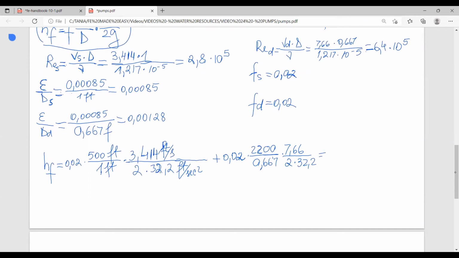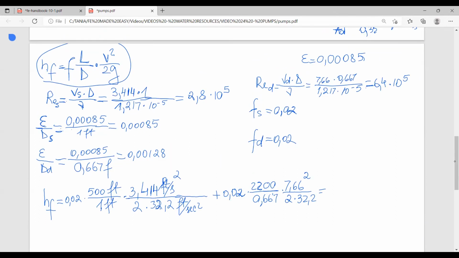Let's go ahead and calculate that. 7.66 squared, 2,200 multiplied by 0.02, multiplied by 0.667, divided by 2, multiplied by 32.2, and then plus. I get 61.9 feet, which can be also rounded up to 62. So this 62 feet is the head loss due to friction.